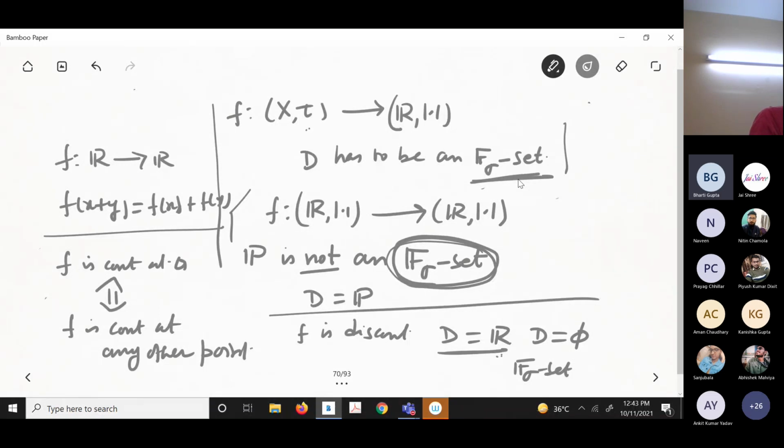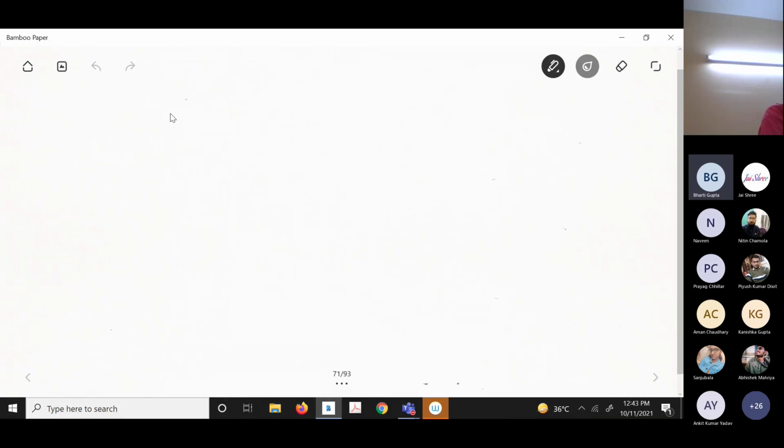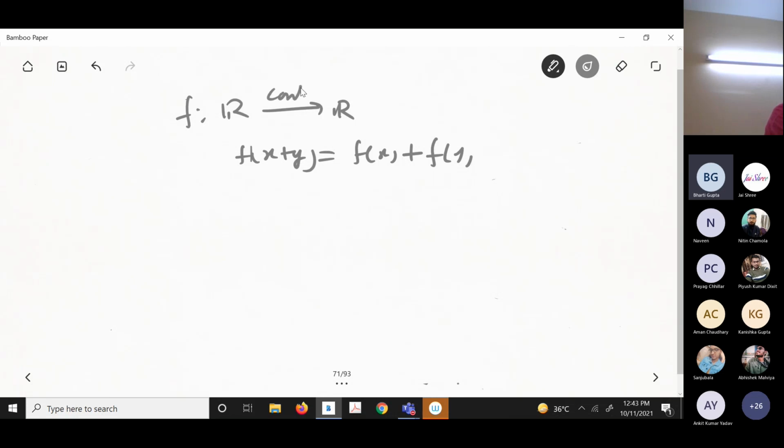Now what I am saying, can you prove that there exists such a function which is continuous everywhere? Suppose f is continuous, with f(x + y) equals f(x) plus f(y).